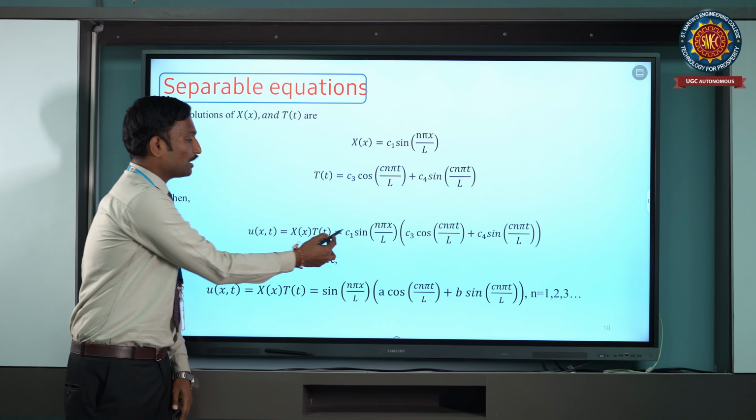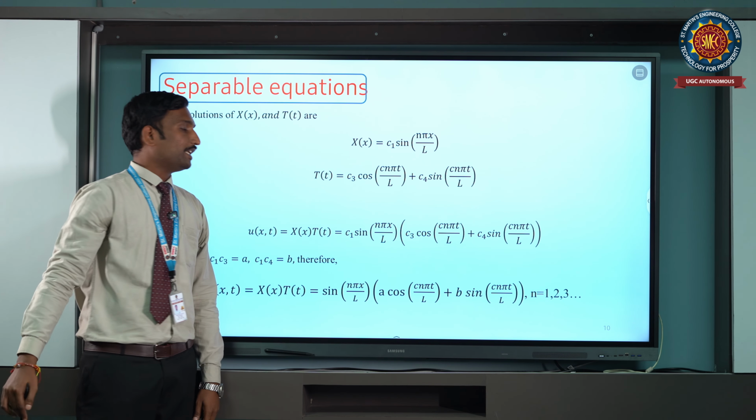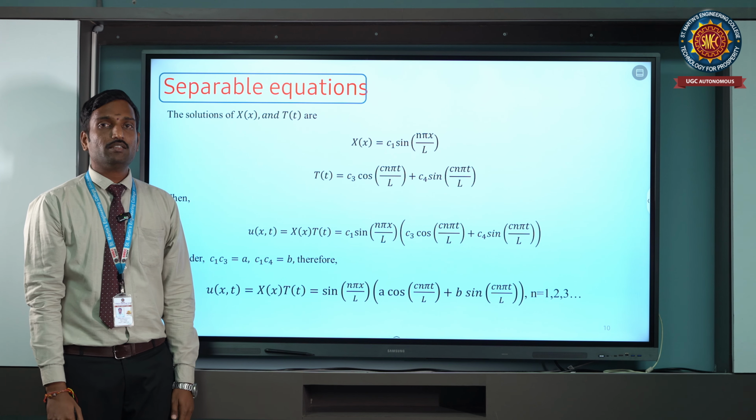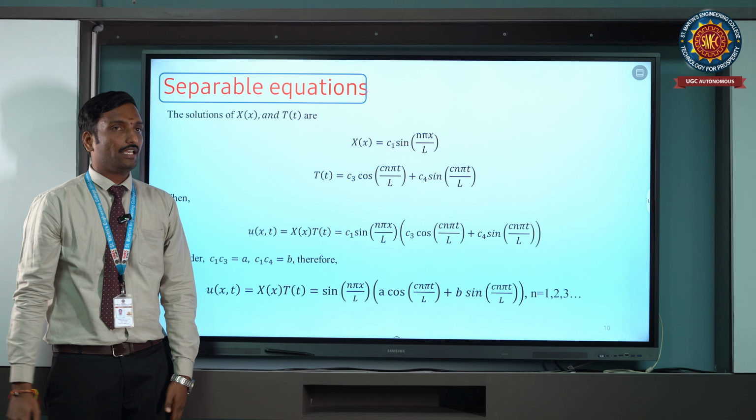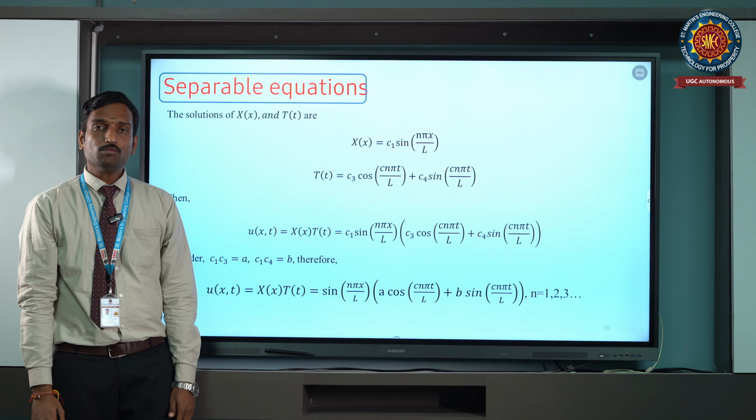Here the multiplication of the constants c1 and c3 we consider as A, and c1 and c4 as B.